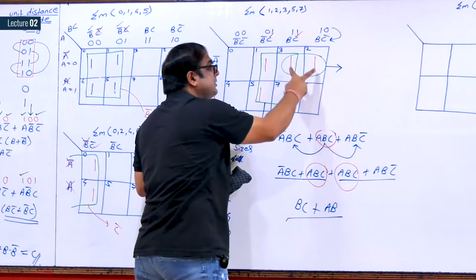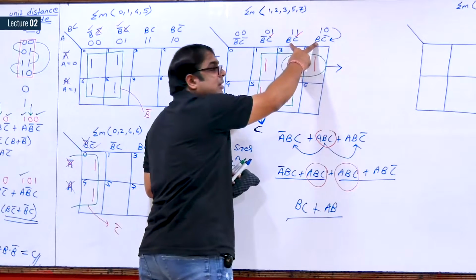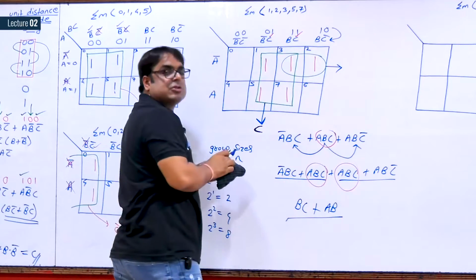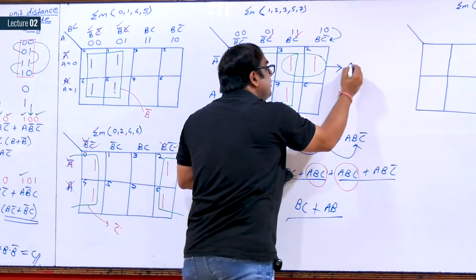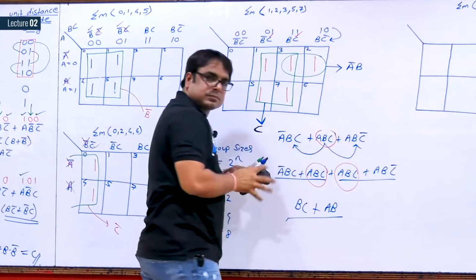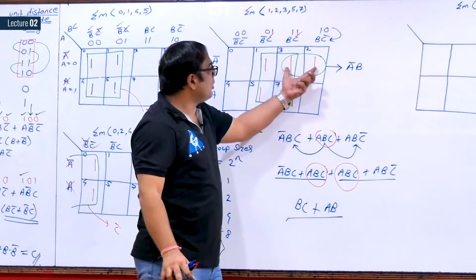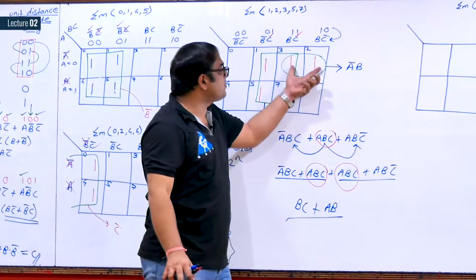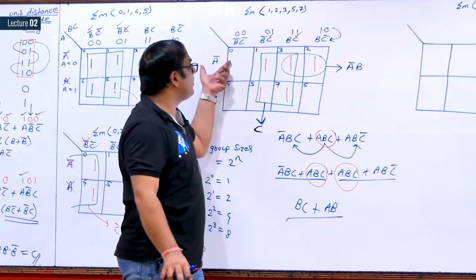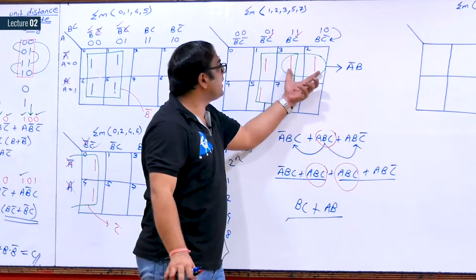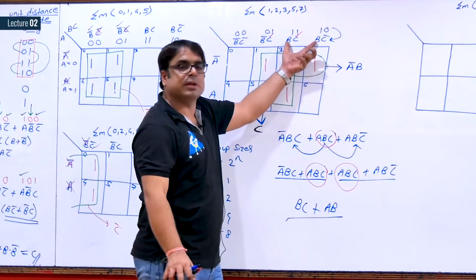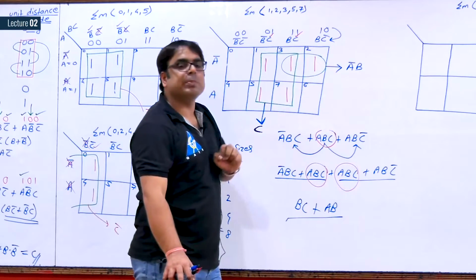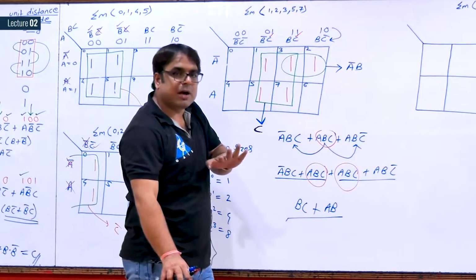So listen carefully. For this pair, B is common, and A complement is also common. So the term will be A complement B. So the answer is A complement B.